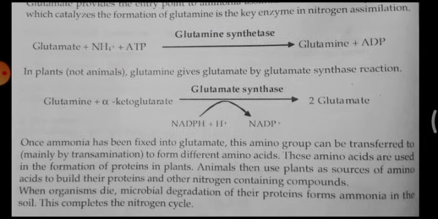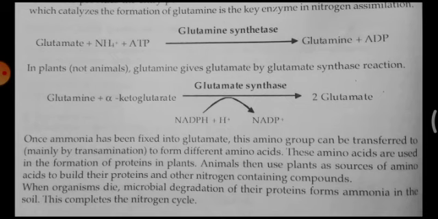Once ammonia has been fixed into glutamate, this ammonia amino group can be transferred to produce different amino acids. These amino acids are used in the formation of proteins in the plants. Animals then use plants as a source of amino acids to build their proteins and other nitrogen containing compounds. So nitrogen fixation is the conversion of atmospheric nitrogen to ammonia, and assimilation is from ammonia to amino acids, and especially glutamate plays a very important role in binding the ammonia.